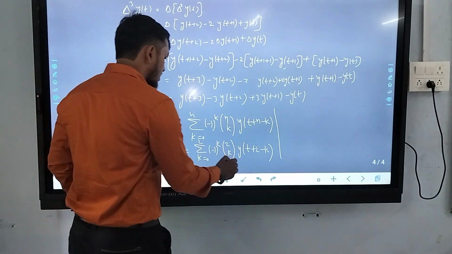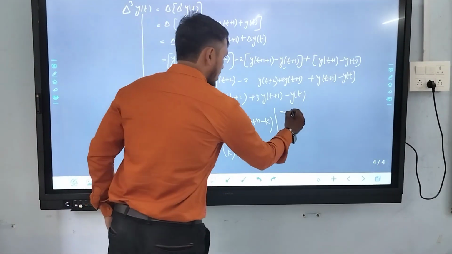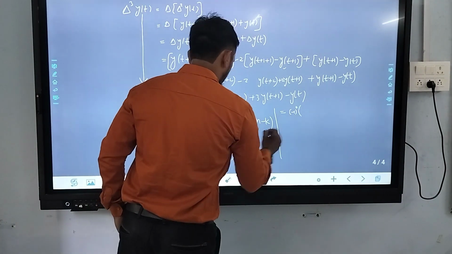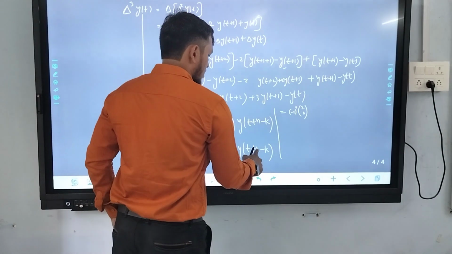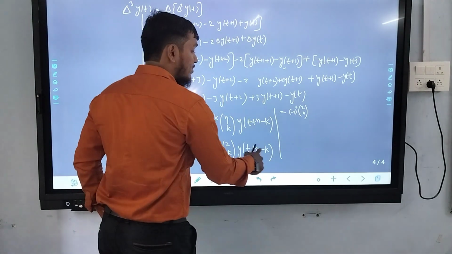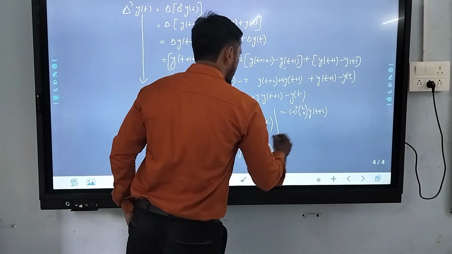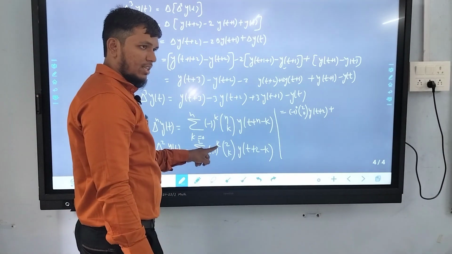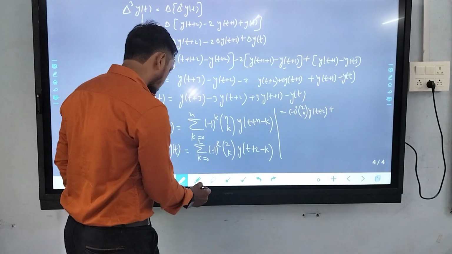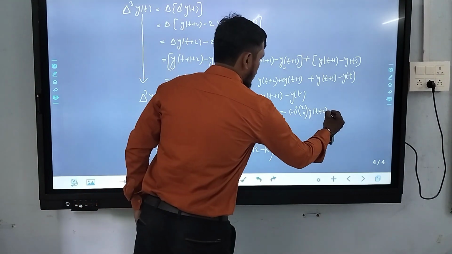So put k is equal to 0. What do we get? Minus 1 raised to the power 0, and here 2c0, and y of t plus 2. After that, if you put k is equal to 1, minus 1 raised to the power 1 becomes minus 1, so you can write here a negative sign.